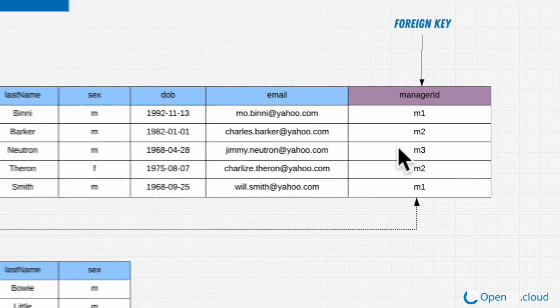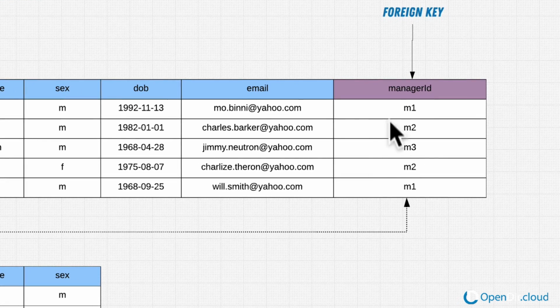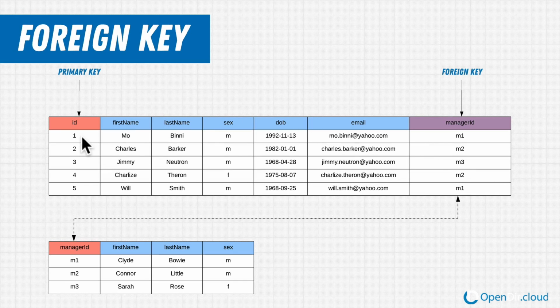And the way we do this is by injecting a column. There is a new column in this table. And the sole purpose of this column is to manage that relationship, is to say, hey, well, Mo is managed by M1. So a foreign key references the primary key of a different table.